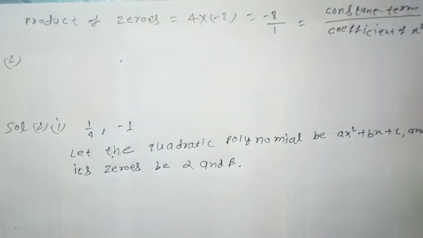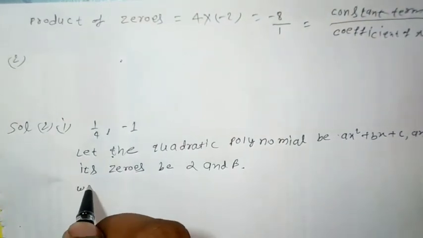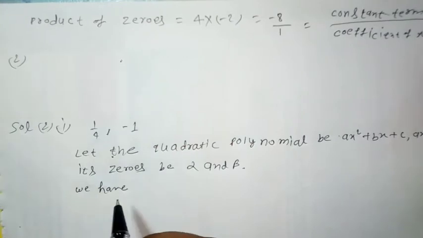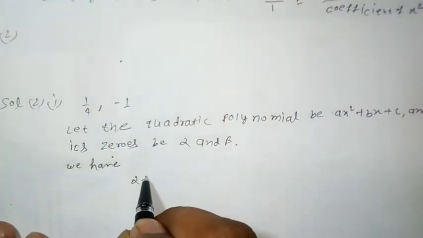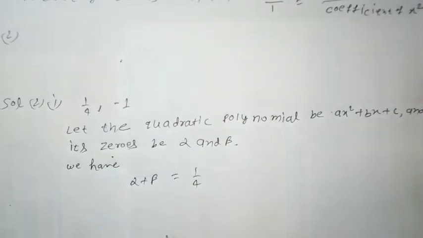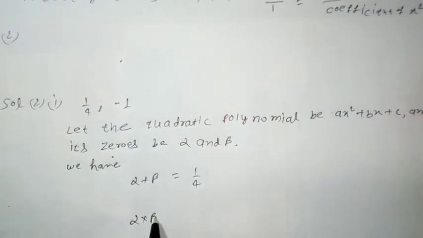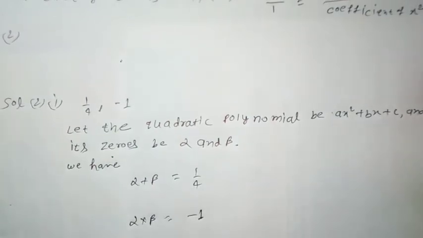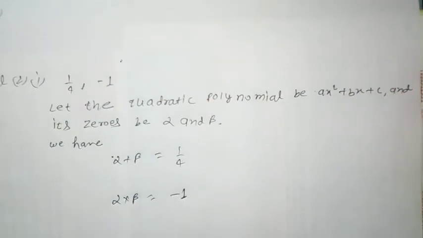We have sum of zeros is equal to 1 by 4 and product of zeros is equal to minus 1.